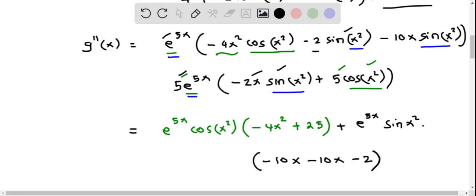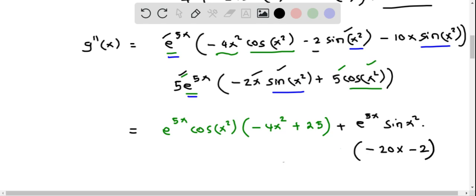We can now simplify this expression. That is, this one is negative 10x, negative 10x is negative 20x, negative 2. So I'm going to write down this as negative 20x, negative 2. This multiplied with negative 20x, negative 2. Now I'm going to factor only the e power 5x from these two expressions.